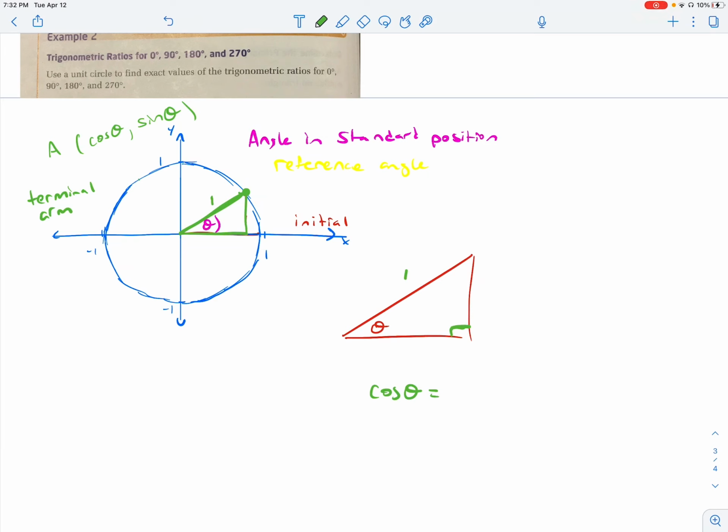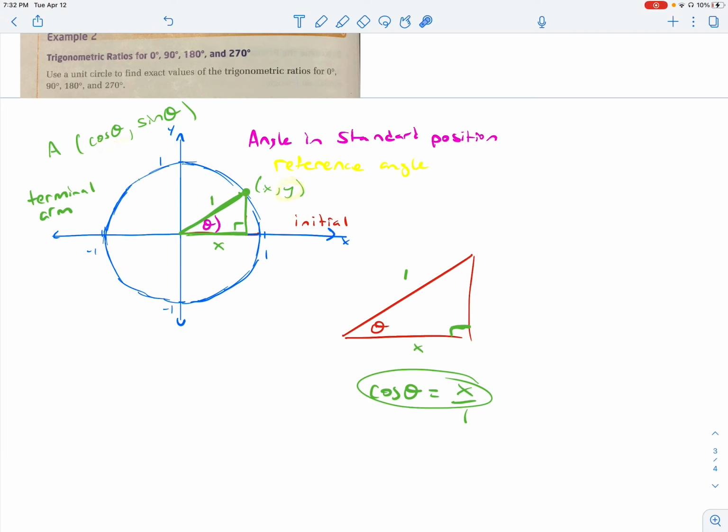So the length of this is just going to be x for the ordered pair up here, x, y. This point, the x value is going to be the base of the triangle. The y value is going to be the height of the triangle. So, well, what's cos theta? It's going to be x over 1, which is just x. So we can see that cos theta equals x. So the x value for this point on the terminal arm is cos theta.